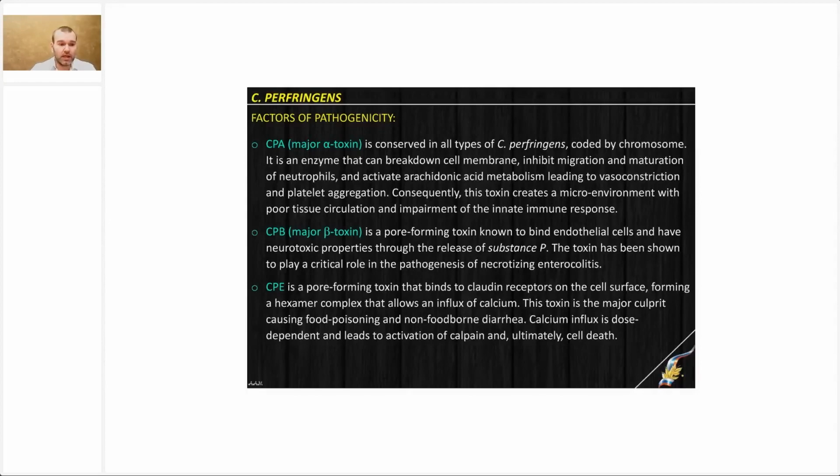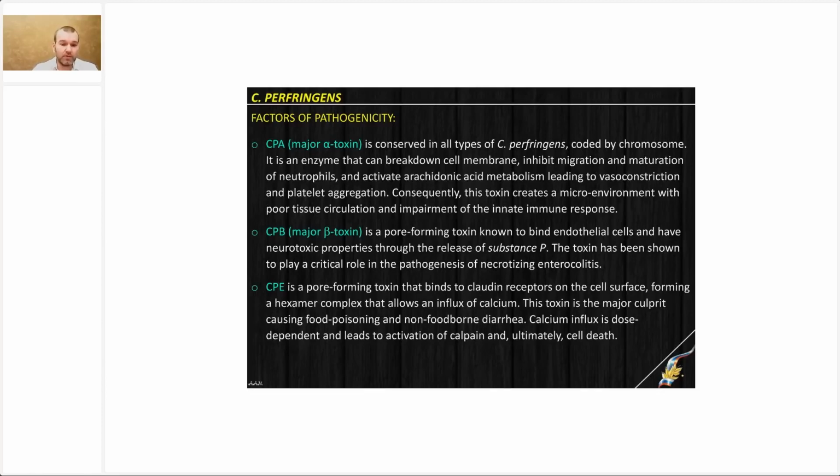So if we describe toxins produced by Clostridium perfringens, again, we have major toxins. The first one is CPA, or major alpha toxin. It is identifiable in all 5 types of Clostridium perfringens. It is a chromosome-borne toxin and is always produced by any type of Clostridium perfringens strain.